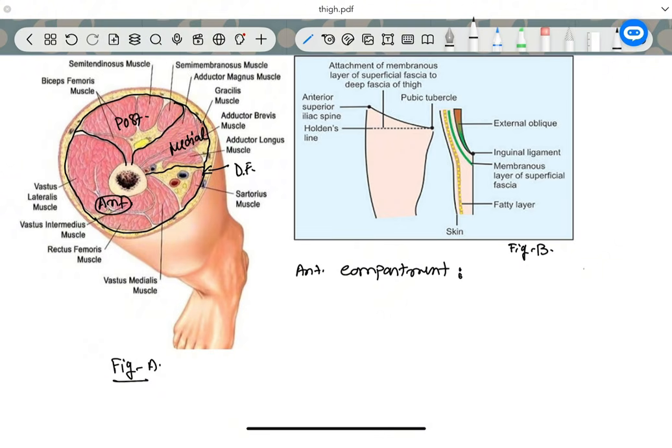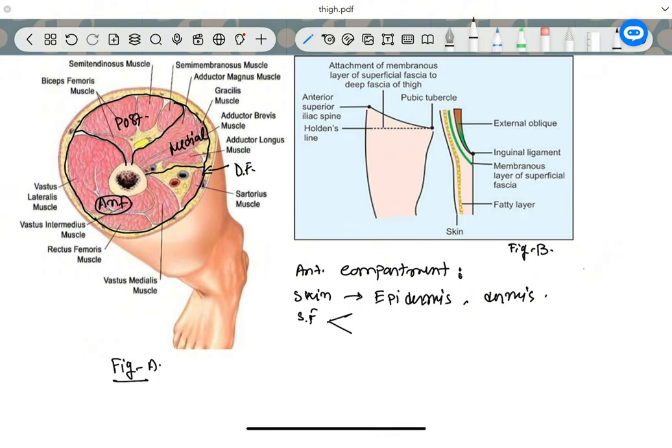When we see the anterior compartment, in dissection time we will start first from the skin, which has two layers, epidermis then dermis. After the skin we are going to get superficial fascia. Here we have to remember the superficial fascia related information.